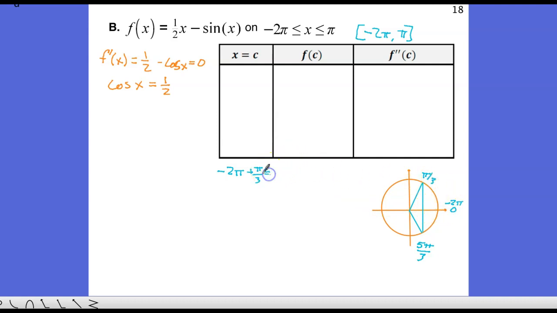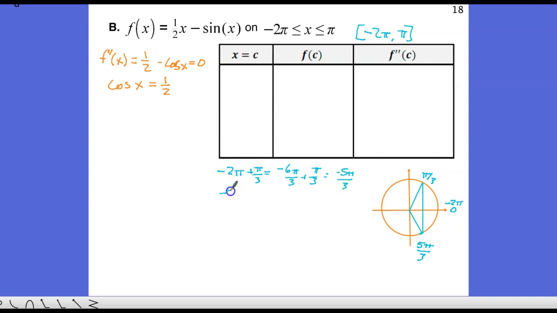What is this? Well, common denominator, negative 6 pi over 3 plus 1 pi over 3 gives us negative 5 pi over 3. So that's my first critical value. Now I go all the way around until I get here, but I'm still in that negative 2 pi to 0 range.